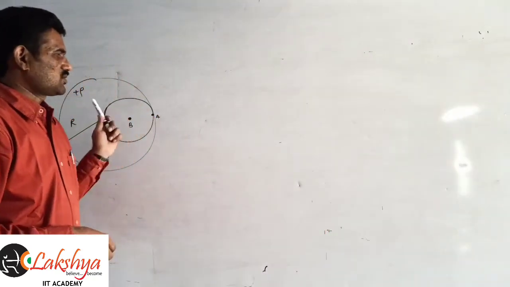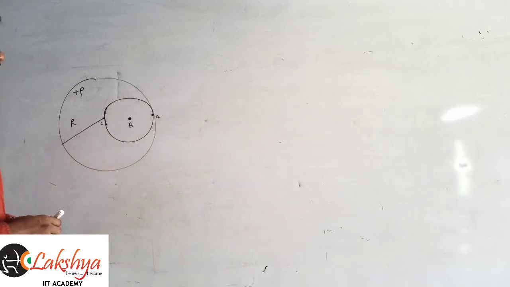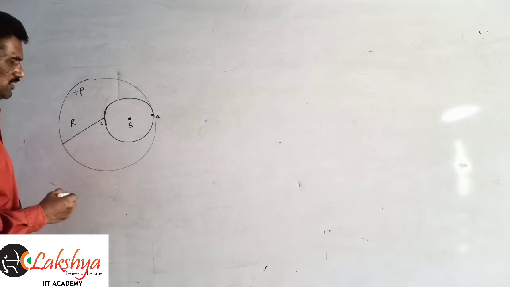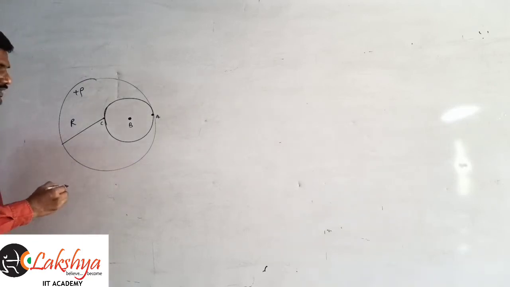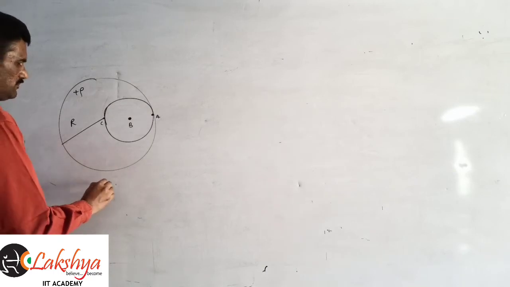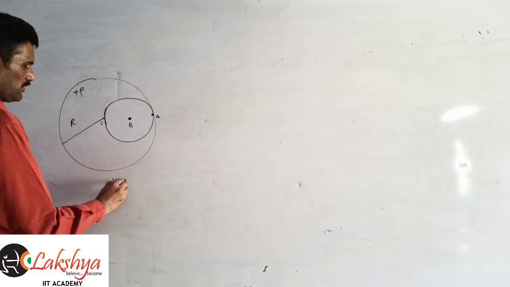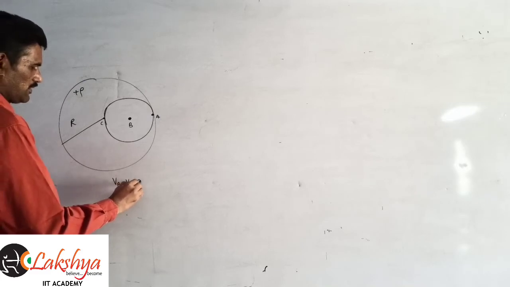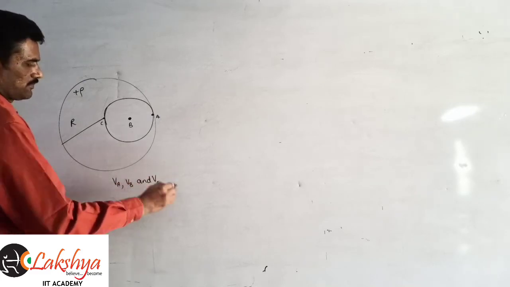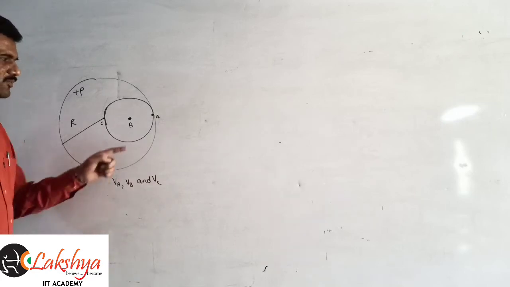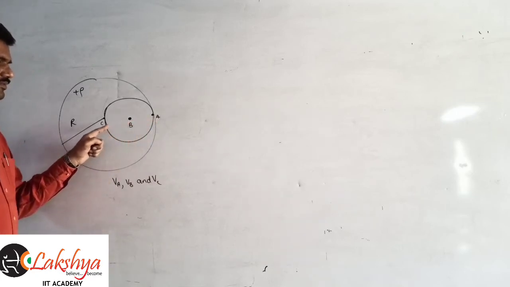Find the electric potentials at the points A, B and C shown in the figure.